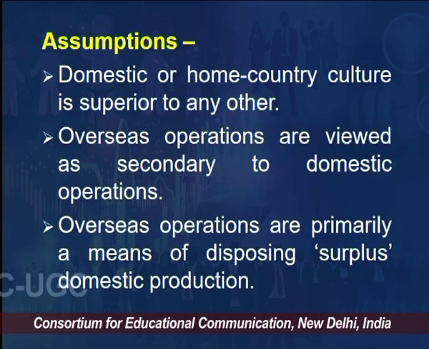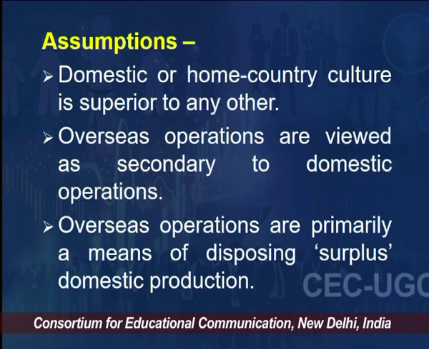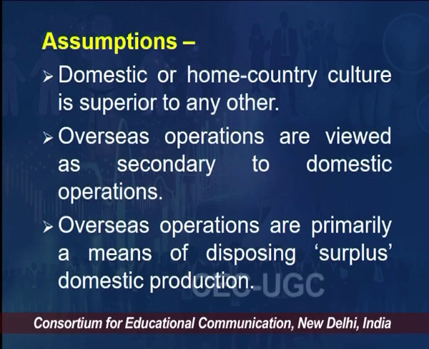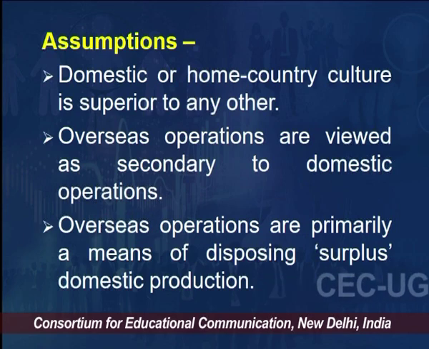What are the assumptions then? Domestic or home country culture is superior to any other. So, they believe that the home country culture is superior and that is why it will be applicable in other countries also, and people there will willingly take up those products. Overseas operations are viewed as secondary to domestic operations. Overseas operations are primarily a means of disposing surplus domestic production.